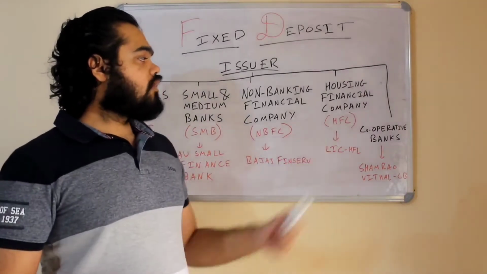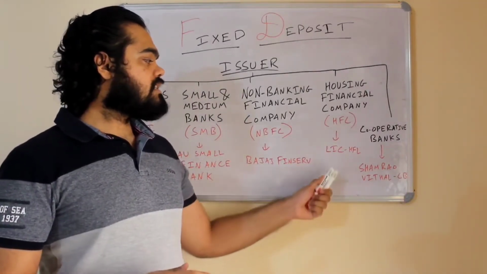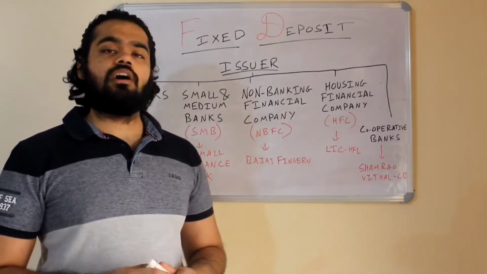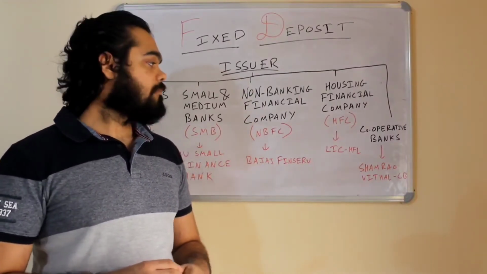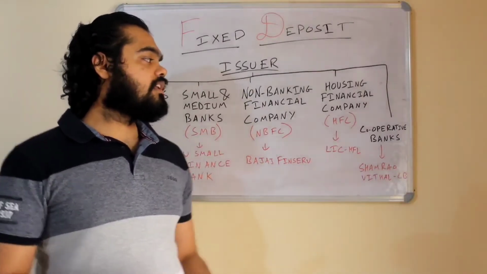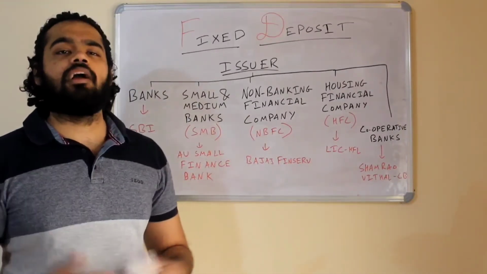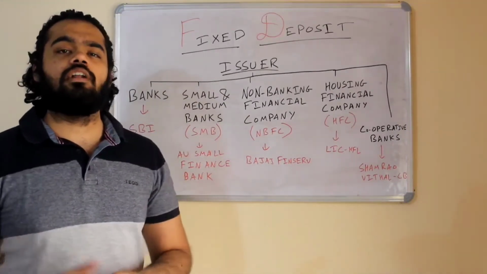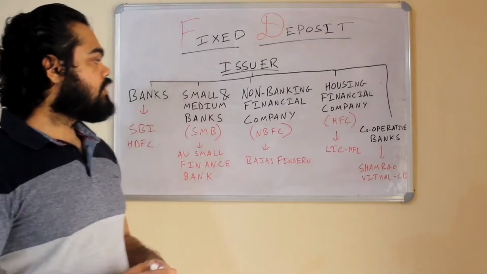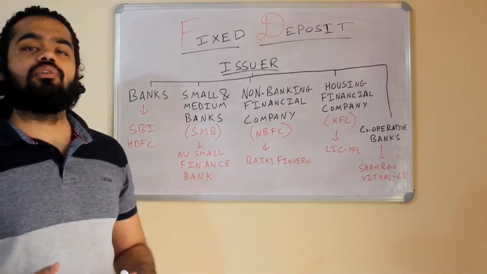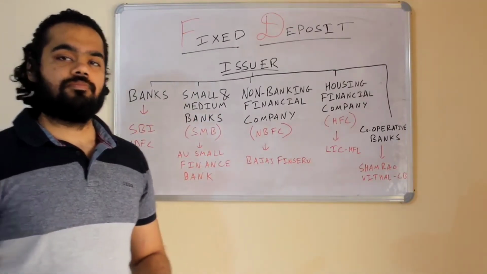The next one is the housing finance company. One example of housing finance company is LIC Housing Finance Limited. And the last one are the cooperative banks. One of the examples is Shamrao Vittal Cooperative Bank, and you have multiple banks in and around your area. So these are the issuers who offer fixed deposits to their customers.